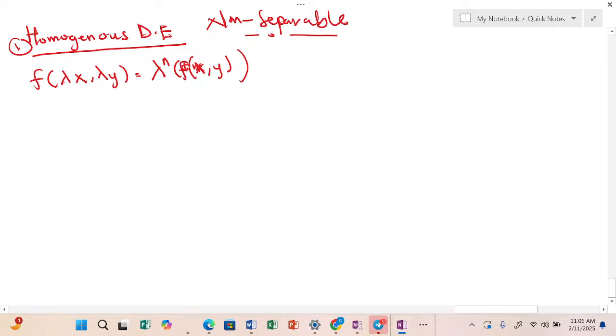So a differential equation is homogeneous when we have f of lambda x, lambda y equal to lambda to a common power multiplying f of x, y.